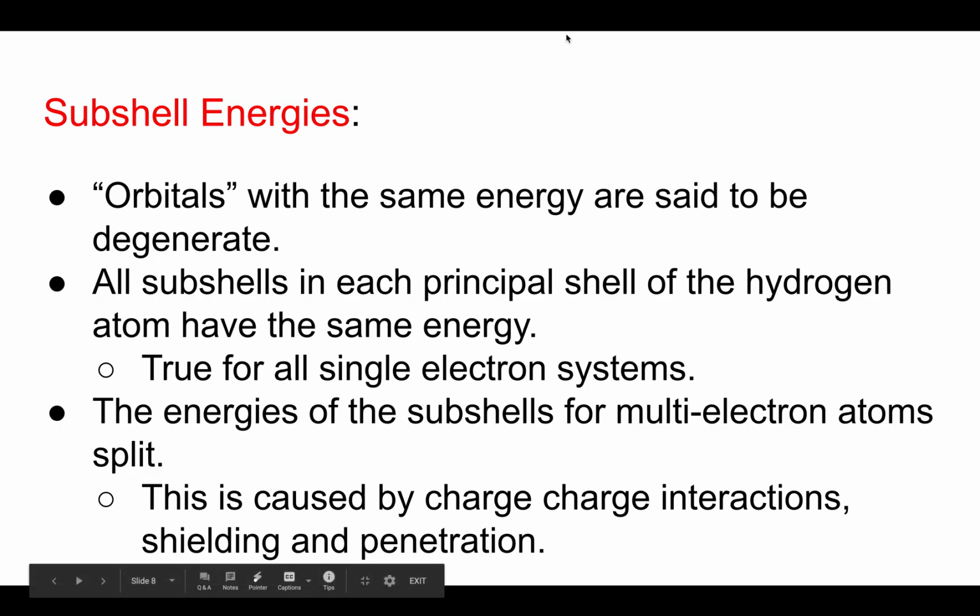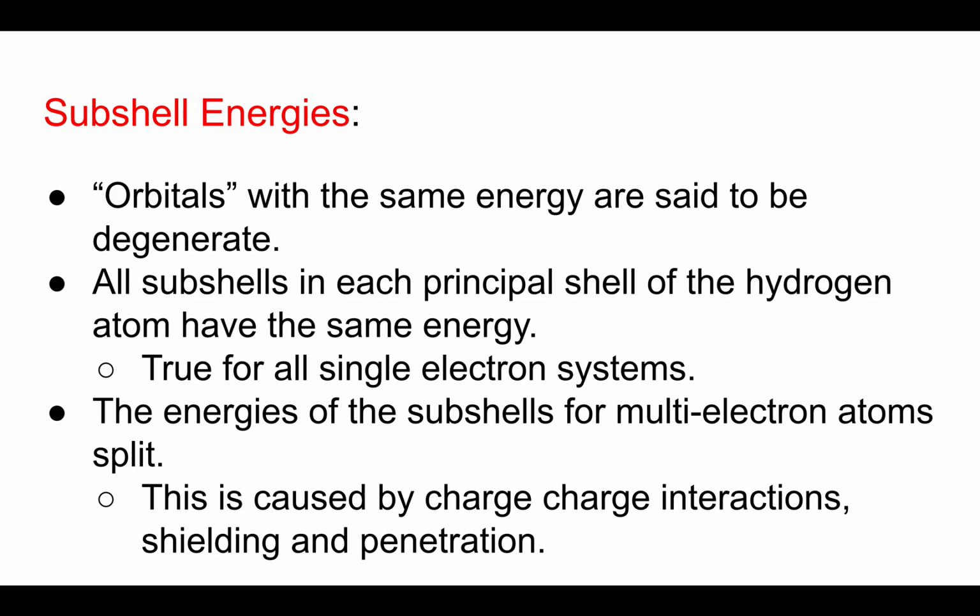Now, this is some language that's maybe used improperly in some textbooks. Orbitals with the same energy are said to be degenerate, but orbitals don't have energy. It's the electrons in orbitals that have energy.